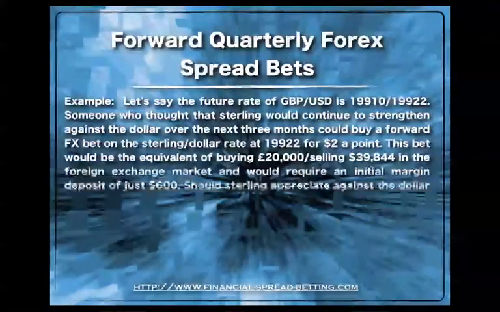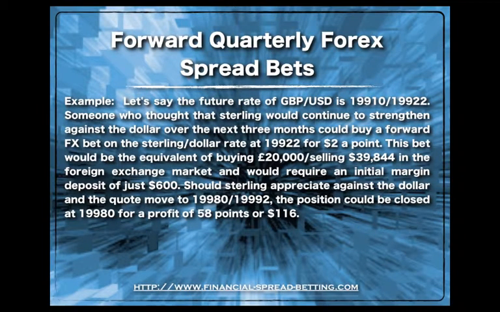Here's another example. Let's say the future rate of pound to US dollar is 1.9910 to 1.9922. Someone who thought that sterling would continue to strengthen against the dollar over the next 3 months could buy a forward Forex bet on the sterling dollar rate at 1.9910 to 1.9922 for $2 a point.